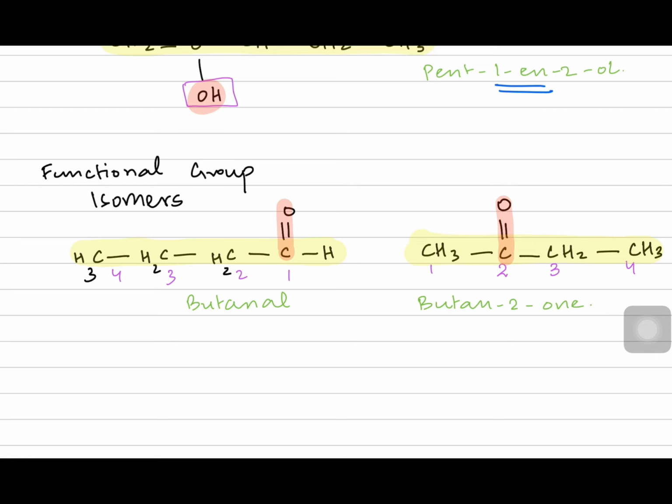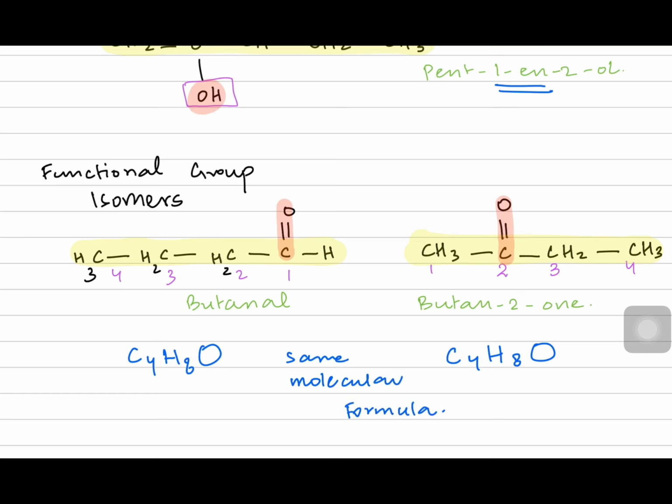We don't need numbering for the aldehyde, but we know one thing, that both have the same molecular formula. Let's count it. In the first structure, there are 4 carbons. In the second structure, also 4 carbons. In the first structure, when you count the number of hydrogens, it turns out to be 8, and only 1 oxygen. Similarly, in the second structure, the formula is still the same.